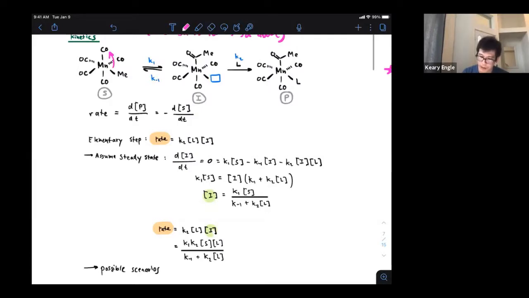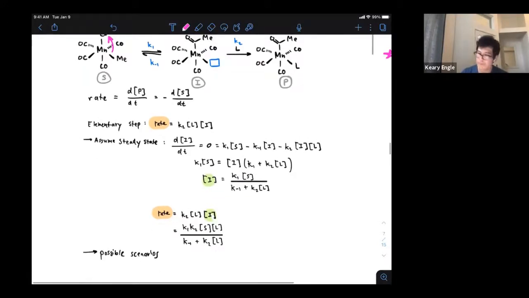First we define the rate of product formation as the rate at which the intermediate reacts with the ligand, use the steady state approximation, and then we can plug and chug and do algebra that I know you're all capable of doing to arrive at an expression for what the intermediate concentration is as a function of the other variables.